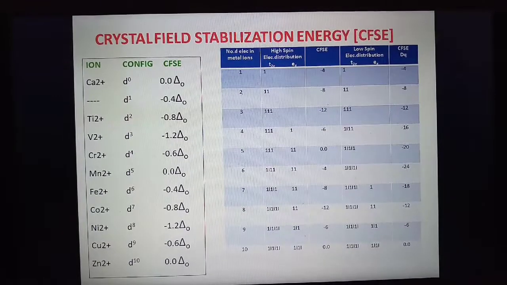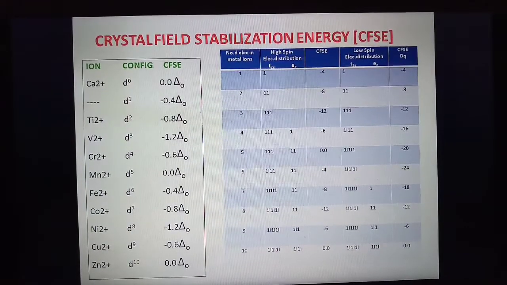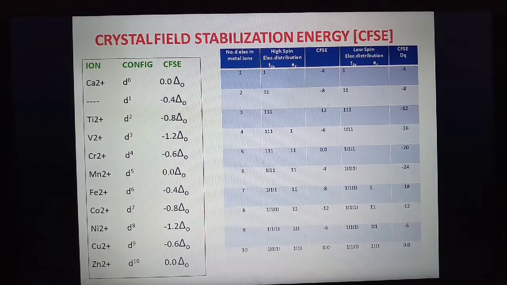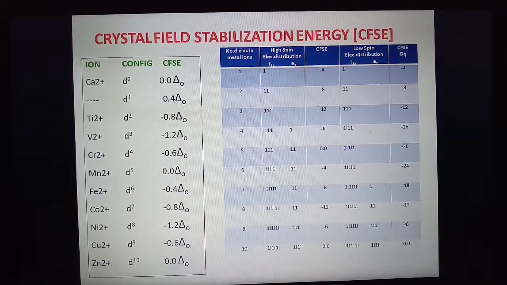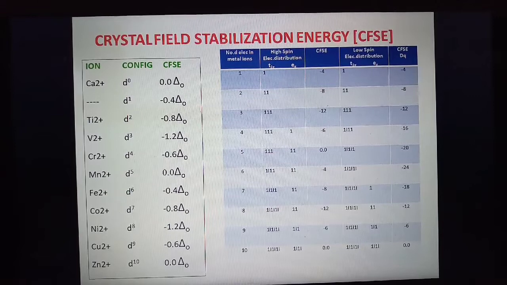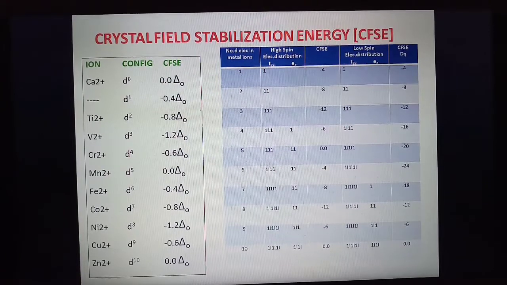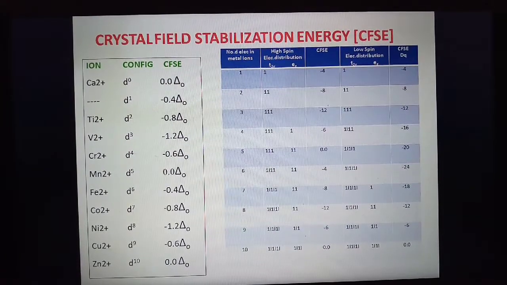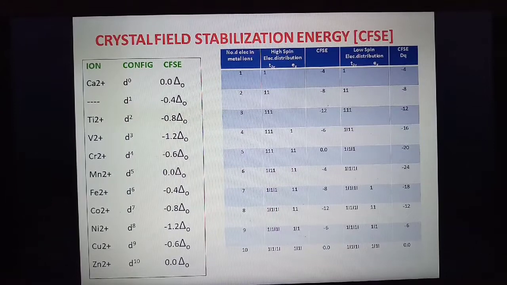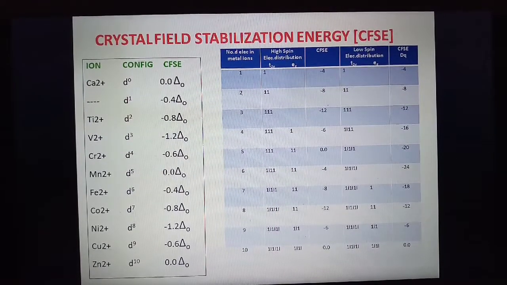Students, I would ask you to take a short note of it. If necessary, you can take a printout of these very things, CFSE, crystal field stabilizing energy. When the number of electrons in the metal ion is 1, it will go to the T2G level as 1, and CFSE is -4.